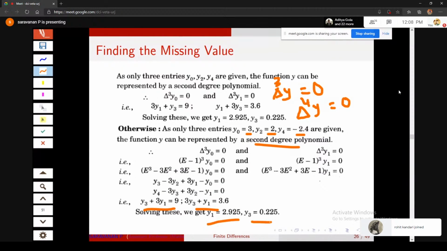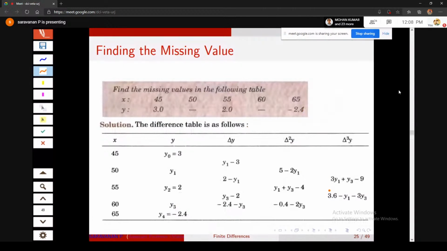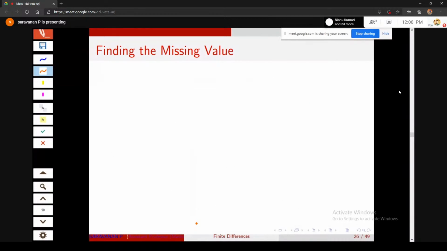Can you take y2 in place of y1? If you take y2, what will you get? What is E cube of y2? Y5. Whether y5 is there in the table, in the problem? It is not given, so you don't take y2.